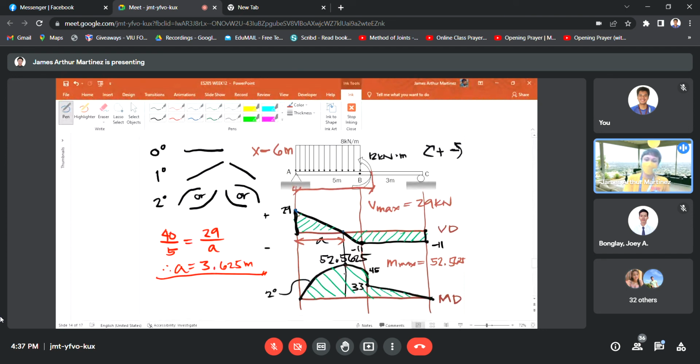At that point also, the maximum moment occurs.